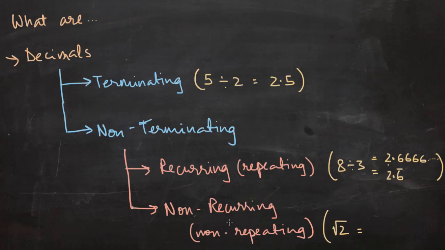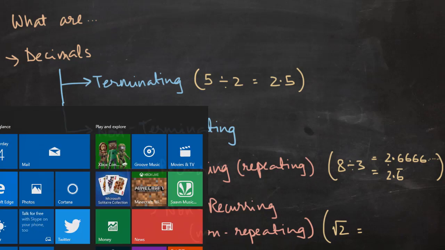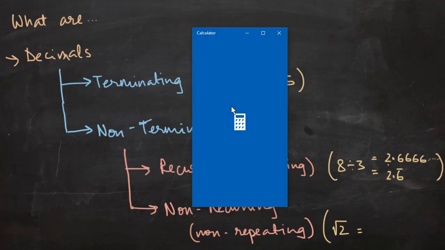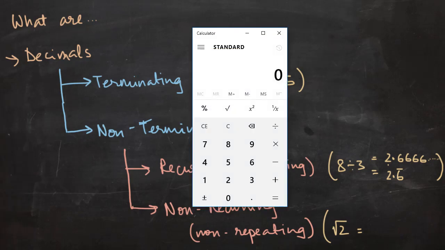What about a non-recurring decimal? So I told you, when you try to approximate √2, let's see what the value of √2 looks like. So let me bring up the calculator and let me punch in the square root of 2. So if you see this number, after every decimal place, 4 1 4 2 1 3 5 6 2, do you see a pattern in the decimal?